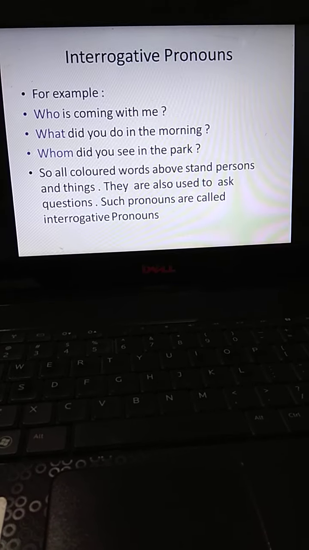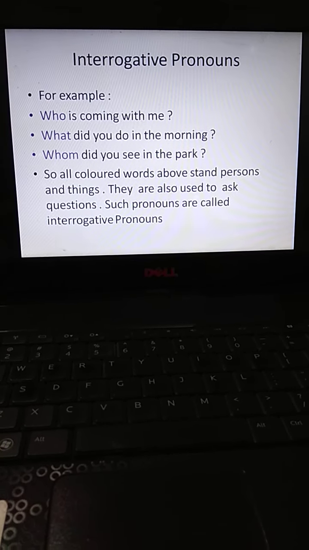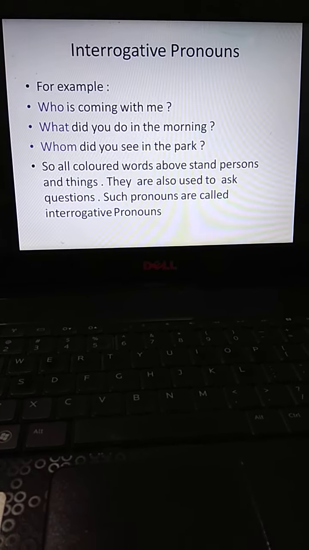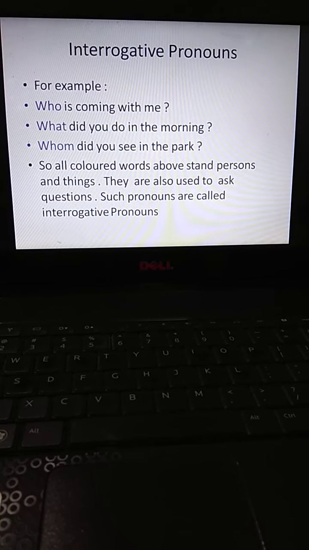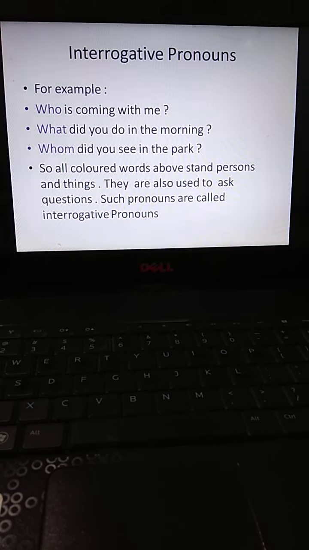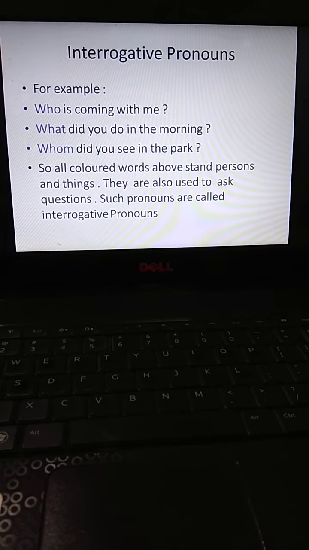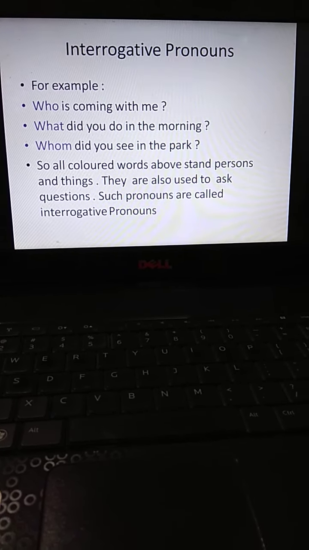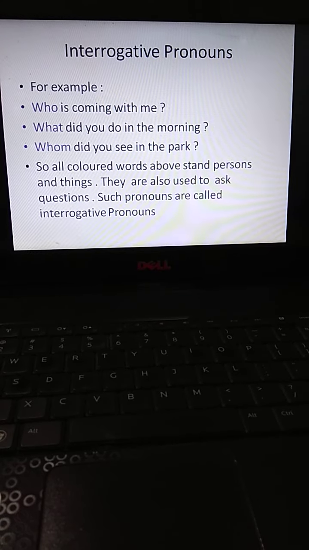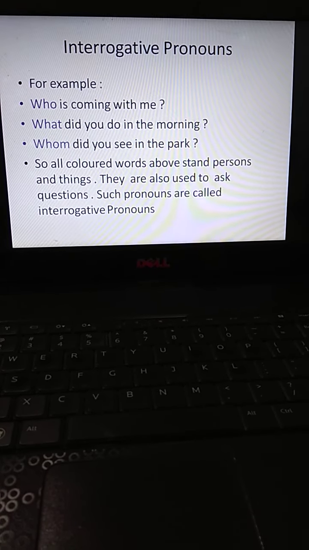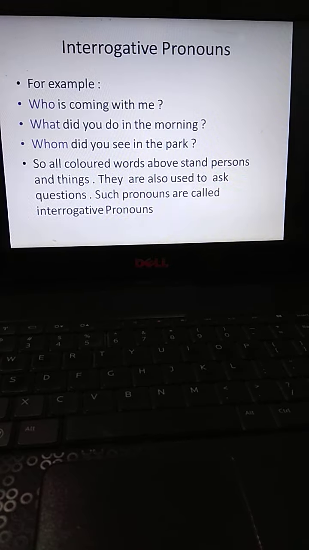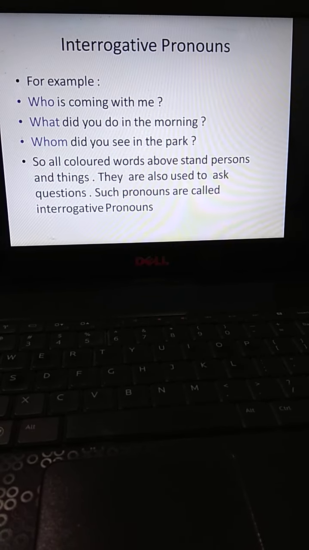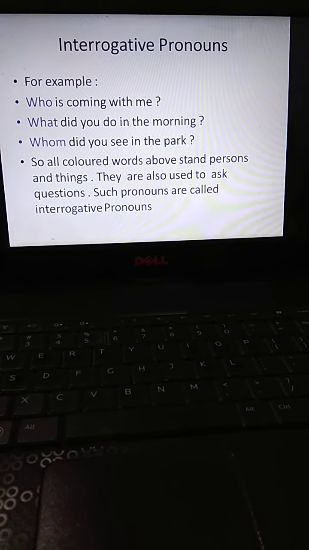Then interrogative pronouns. For example, who is coming with me? What did you do in the morning? Whom did you see in the park? So, all colored words above stand for persons and things. They are also used to ask questions.